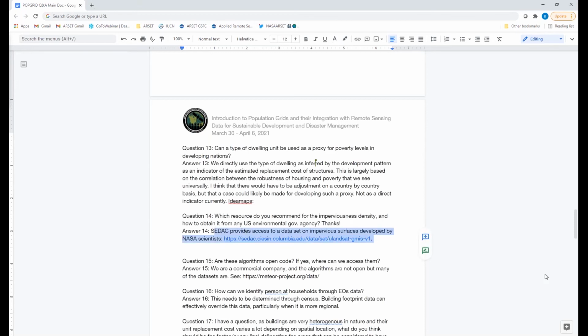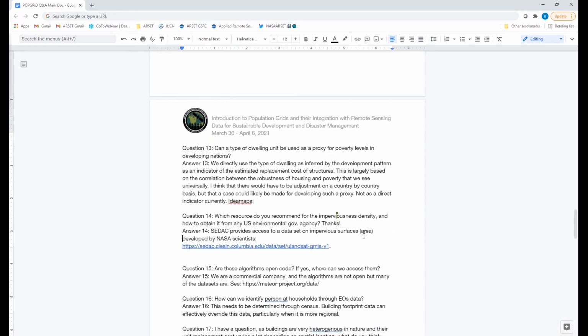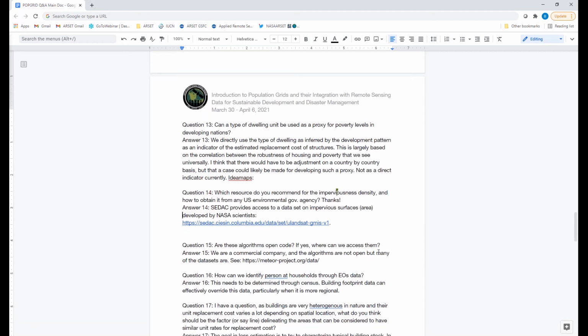I wasn't totally clear if the person was looking for impervious surface area. There was a study done a few years ago by some NASA Goddard scientists using Landsat data to model impervious surfaces as a factor in also defining urban areas.